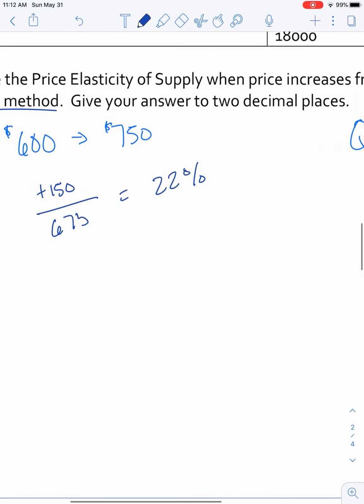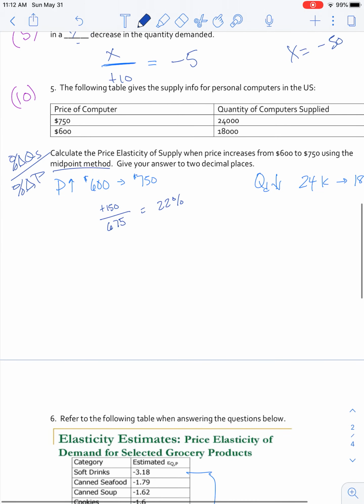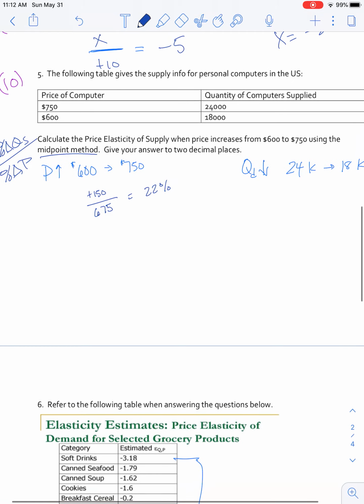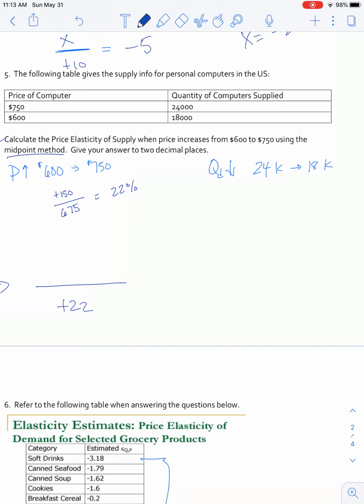Tell you what, I'll make it bigger. That's a little better. Right, so the percentage change in price is 22%. So in the overall thing, we can put the plus 22 down here when we're calculating price elasticity of supply. But now we need to see what happened to the quantity.